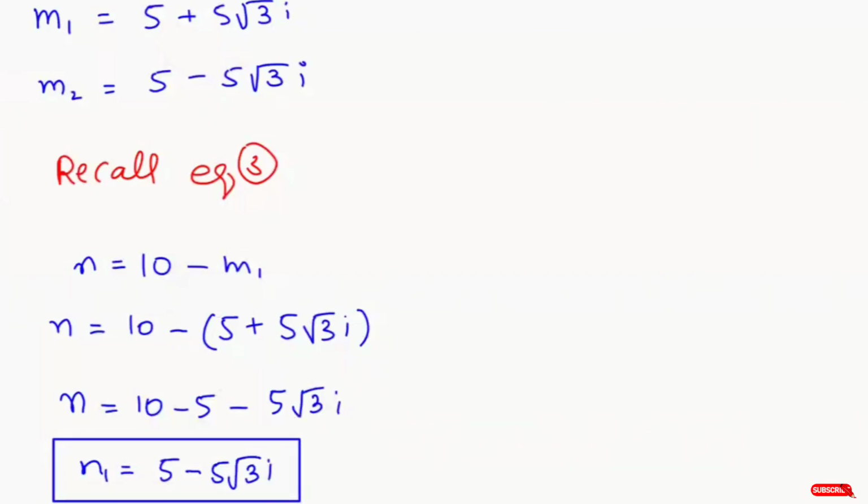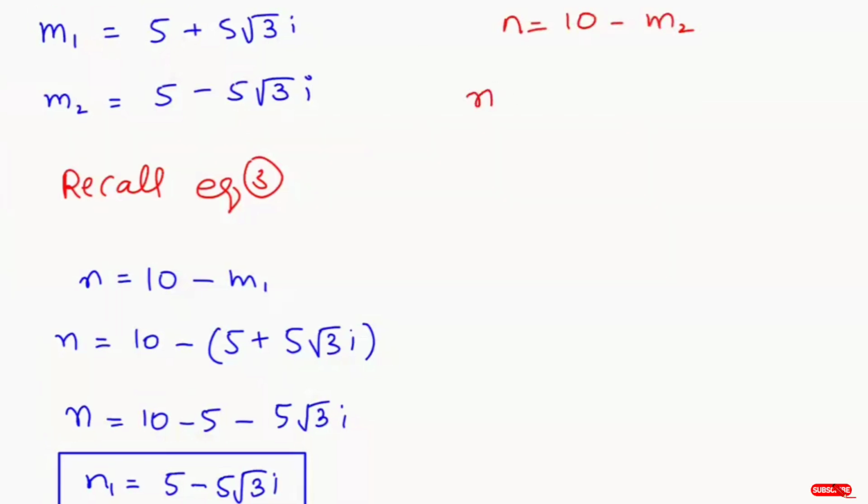Now we're going to plug in the value of m2. n equals 10 minus m2. So n equals 10 minus (5 minus 5 root of 3 iota), which is 10 minus 5 plus 5 root of 3 iota.